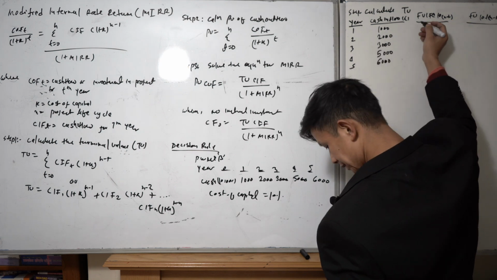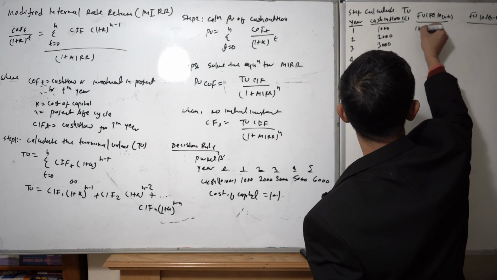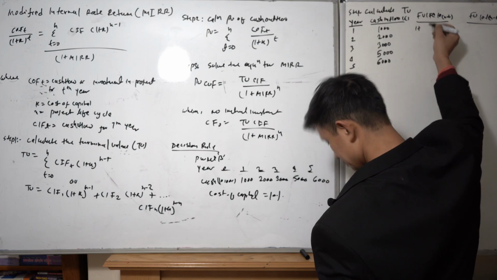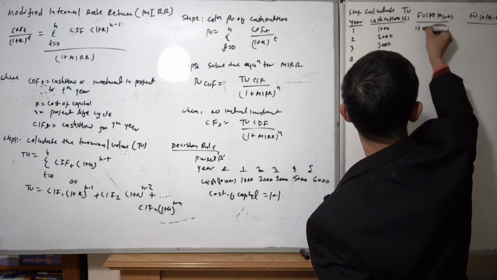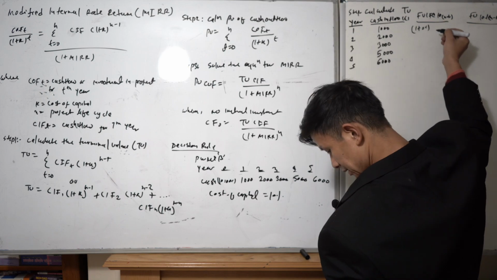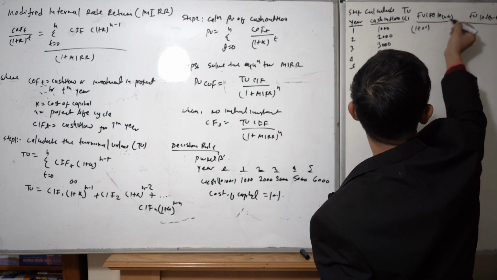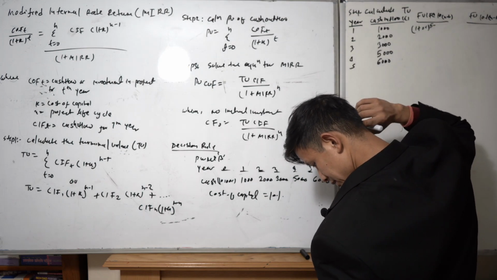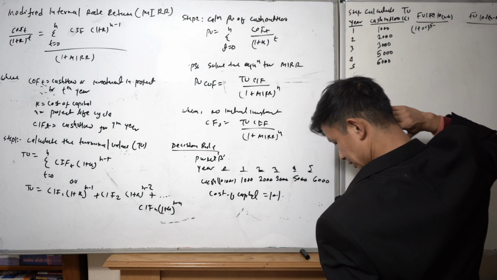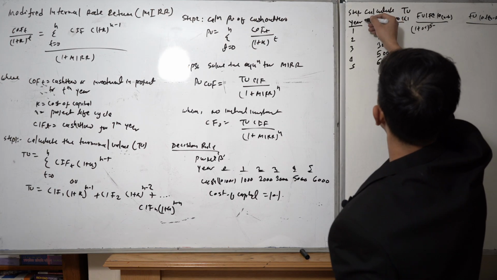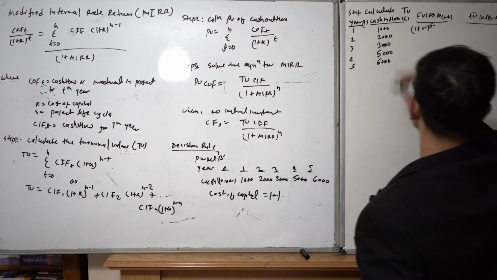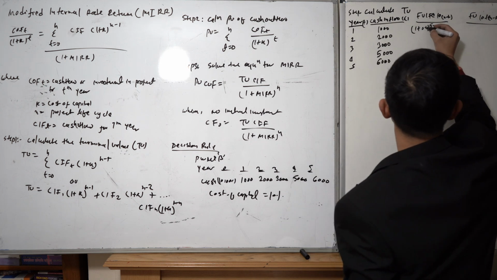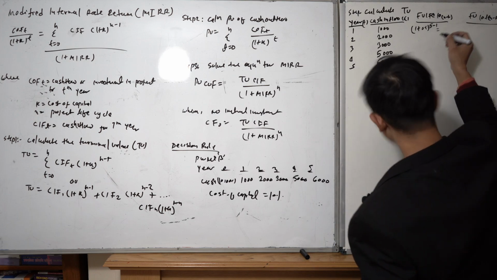It is 1 plus rate of return, which is 10%, power number of years, which is 5 years, minus T, where T is the number of year. It's quite confusing, but don't be confused, so we just deduct it.